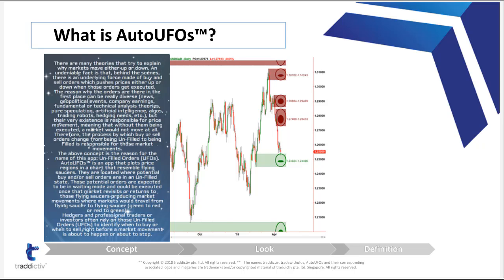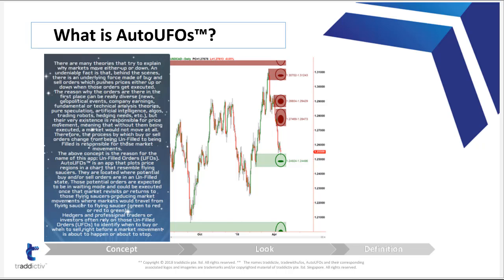And remember, those potential orders are expected to be in waiting mode and could be executed once a market revisits or returns to those flying saucers. At that moment, a market movement would be expected, and that is how a trader could plan trades in a way that is quite efficient, expecting price to move from a green saucer to a red saucer, or vice versa.